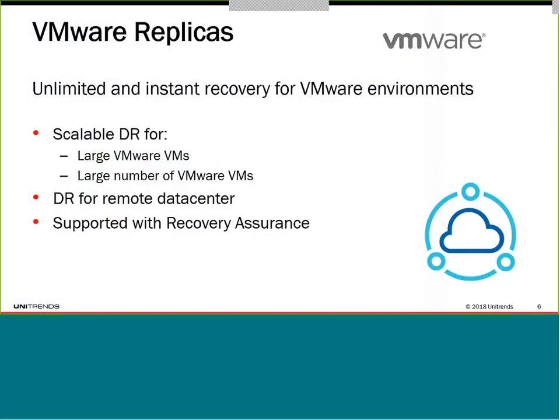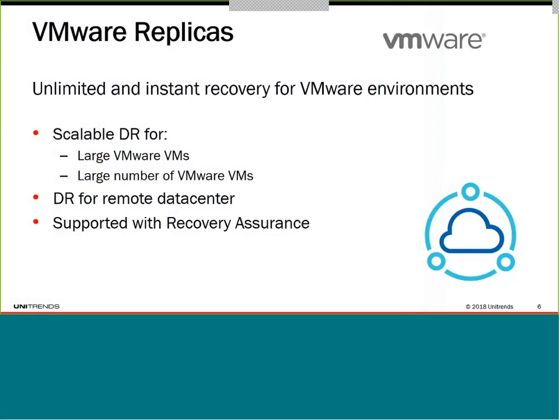The first one is something that will be familiar to those of you who have used our Windows Instant Recovery, but we now have Replicas and Instant Recovery for VMware environments. This is really good for VM environments if you have a large number of VMware VMs, or if you have larger VMs that are not really suitable for hosting on a backup appliance.